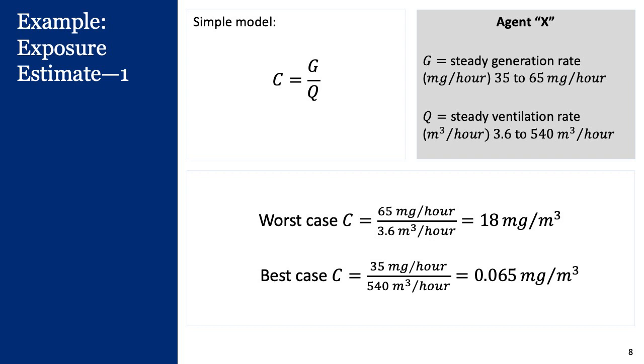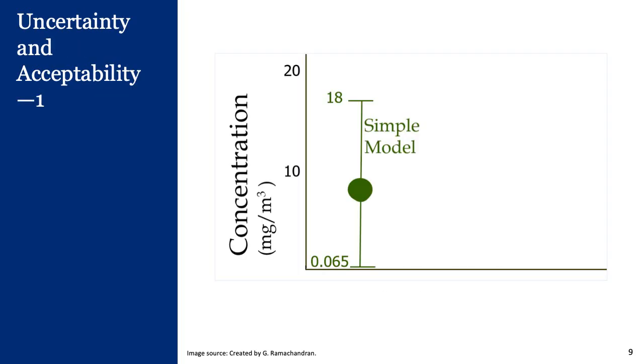So the value of G is the lowest that we can imagine, which is 3 standard deviations below the mean, or 35, and the highest value for Q, which is 540 cubic meters per hour. And so the best case scenario is when the concentration is 0.065 milligrams per cubic meter. We can simply show our estimate of the model output and the uncertainty around it using this simple error bar.